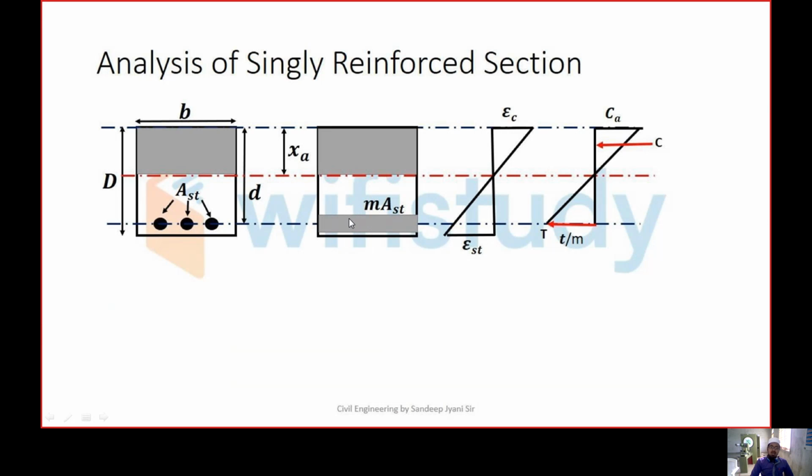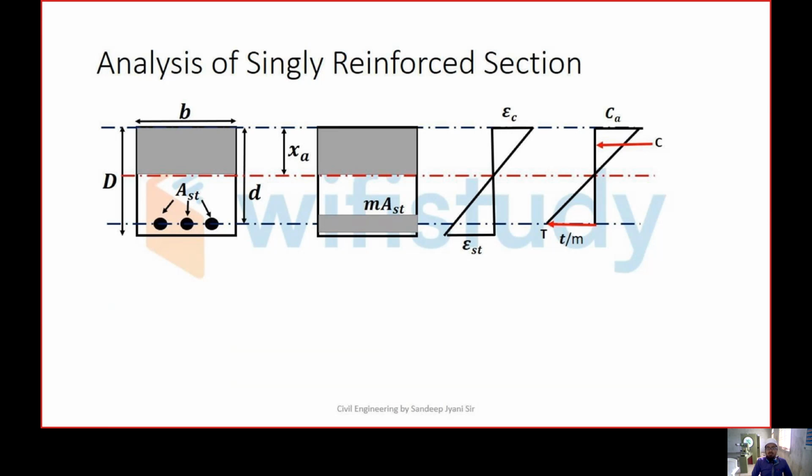Because we have to analyze it. We have to calculate the compressive and tensile forces. If steel is removed, what is the area that will be occupied by concrete in that portion? That is what we have to find out. So we have removed steel here and found the equivalent area of concrete using the formula AC is equal to M AST.